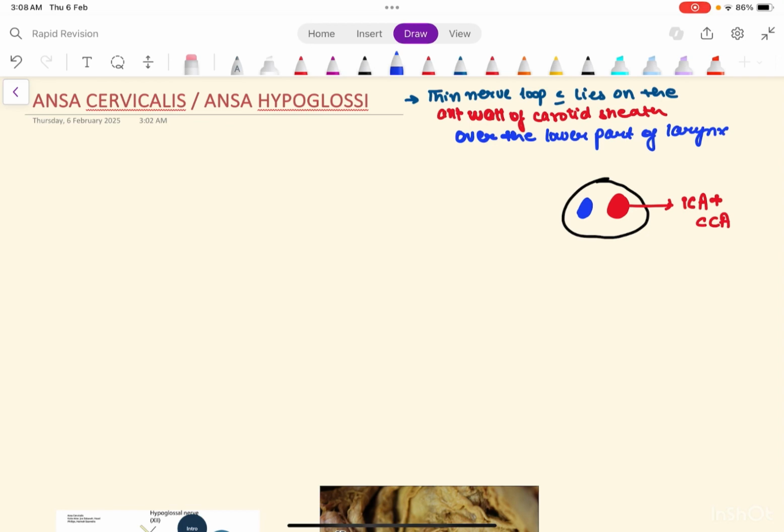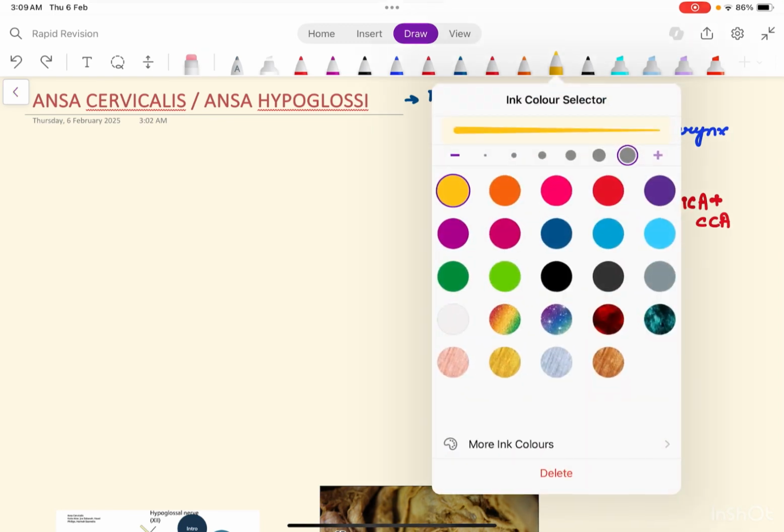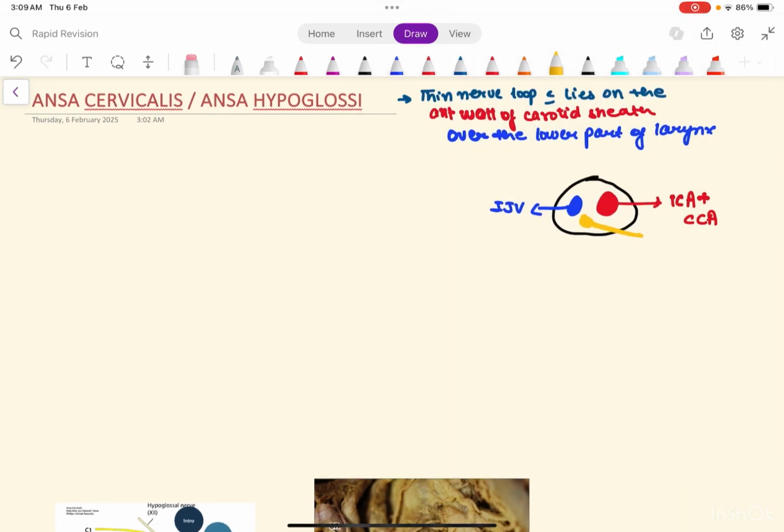Then we have a vein, which is the internal jugular vein. Then we have a nerve, which is our 10th nerve, which is our vagus nerve.